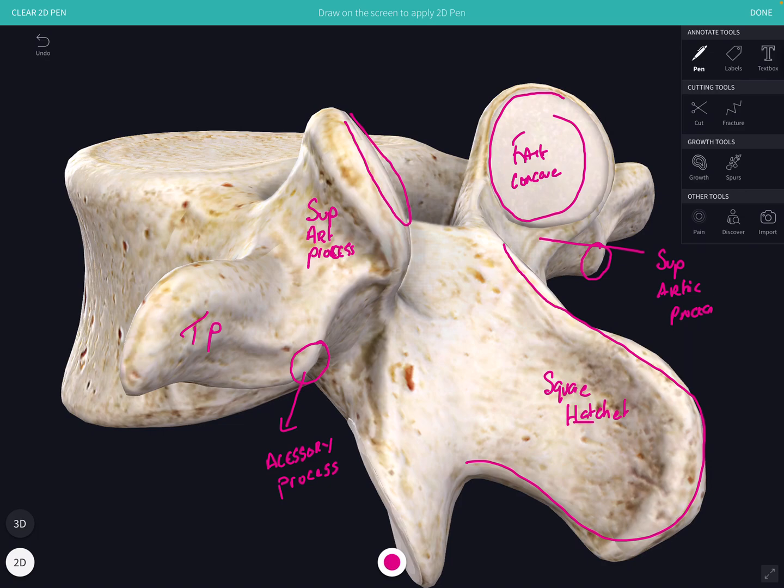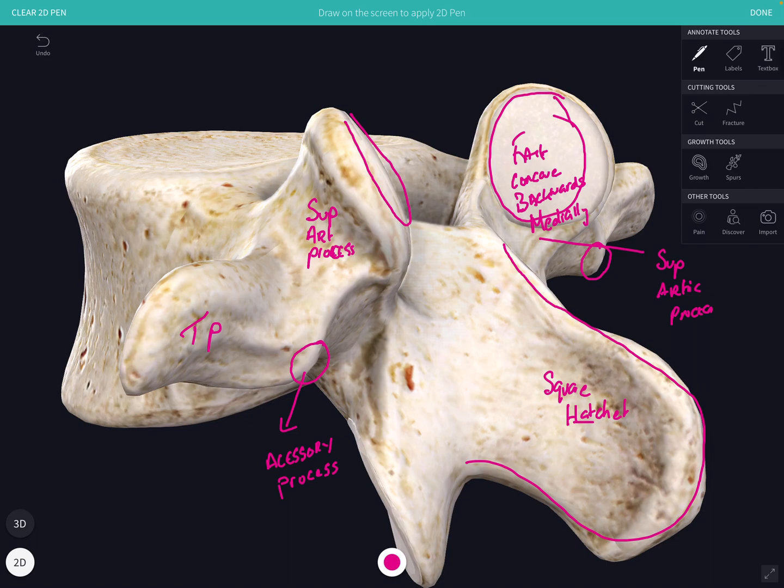These superior articular facets are concave and face backwards and medially, whereas the inferior articular facets are convex and face forwards and laterally.